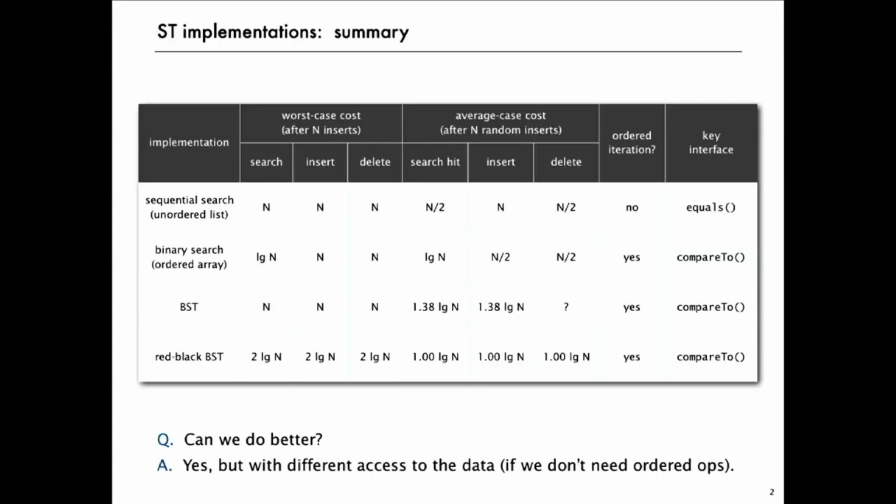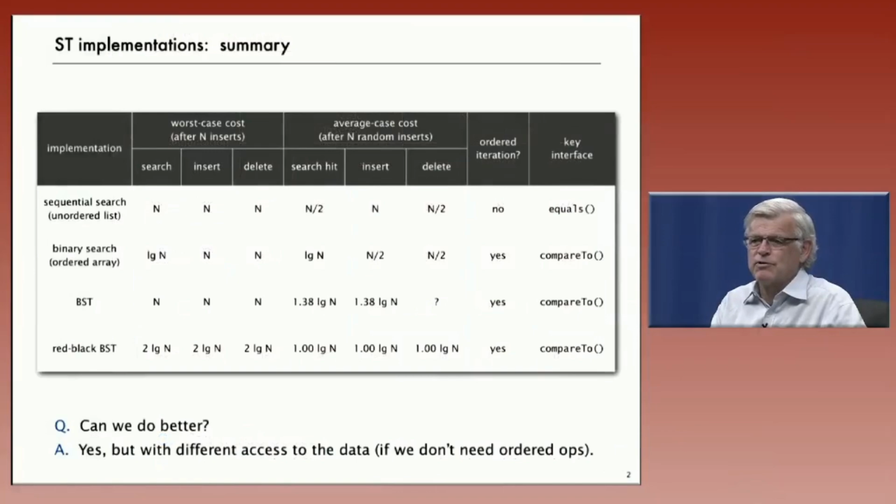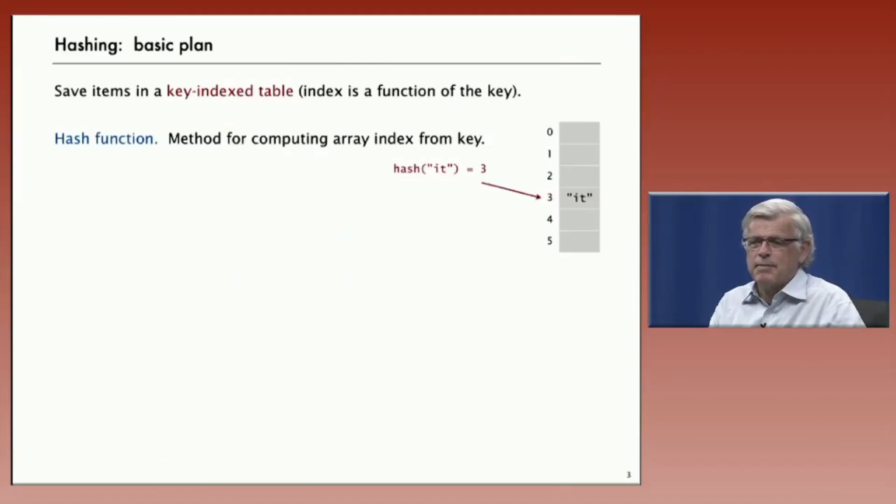And the answer is that actually we can, but it's a different way of accessing the data and also doesn't support ordered operations. But there's plenty of applications where the extra speed for search and insert that we can get this way is worthwhile. The basic plan is to try to reduce the problem to being like an array.